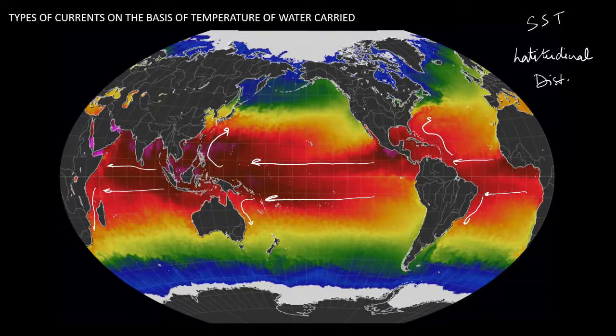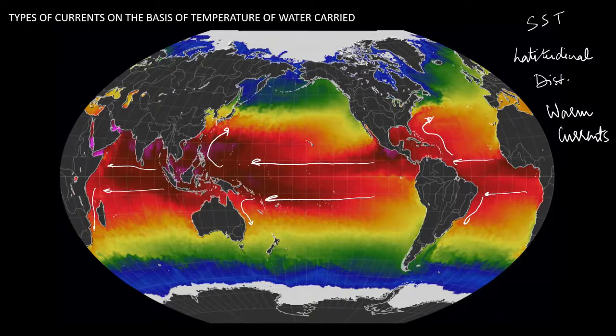They will be carrying warmer waters. So such currents which operate in these latitudes, they are called warm currents. Why warm currents? Just because they carry warm water.